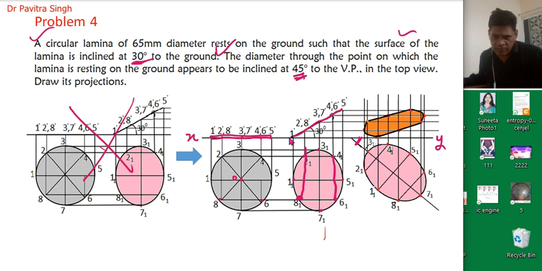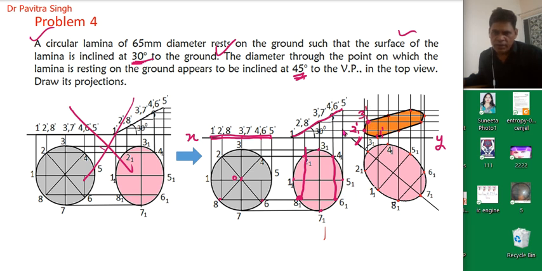Okay, so when we have drawn vertical projection from 1 1 and the horizontal projection from 1 dash, so we will get this point, and this will be point 1 1 dash. Vertical line from point 2 1, horizontal line from 2 dash, so this point will be actually 2 1 dash. Similarly, horizontal line from point 3 dash, vertical line from point 3 1, so we will get this point 3 1 dash.